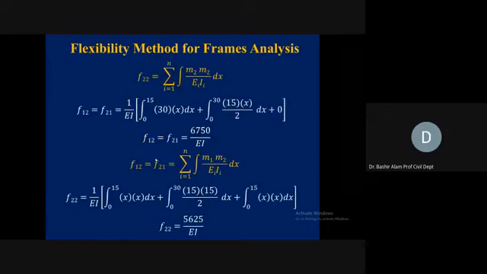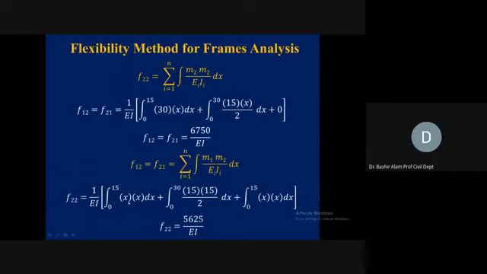Next, we go to F22, which will be the product of the m2s. F12 is equal to F21, and that is what we are finding here. So it is 30 times x dx, 15 times x dx, and 0.